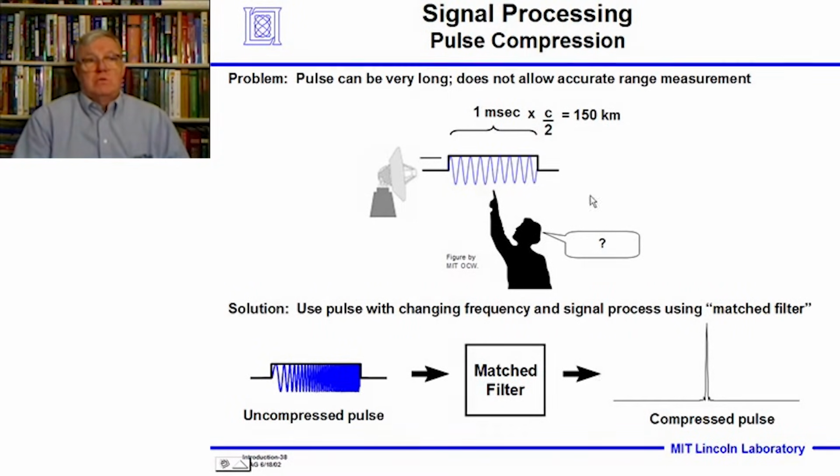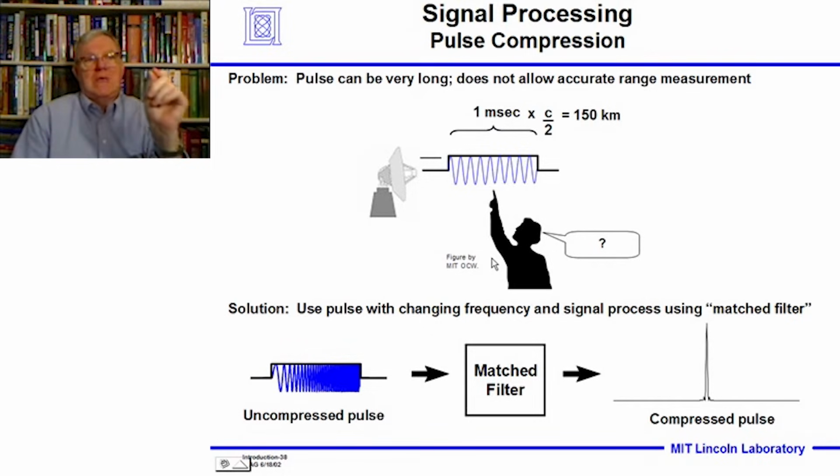That's just a little visualization to say, if we modulate, or change, the frequency of the pulse, send it through a matched filter, and do the process called pulse compression, we can find, depending on how we do the process, 100 to 1, 1,000 to 1, 10,000 to 1. Big numbers.